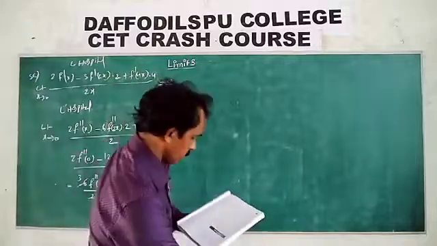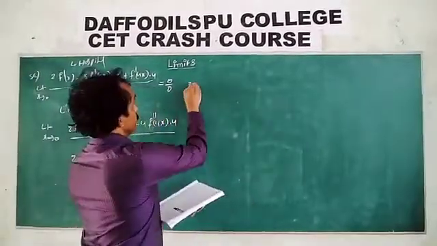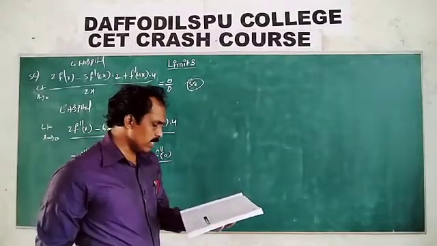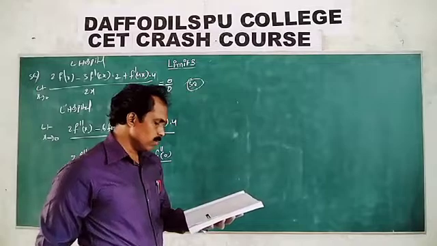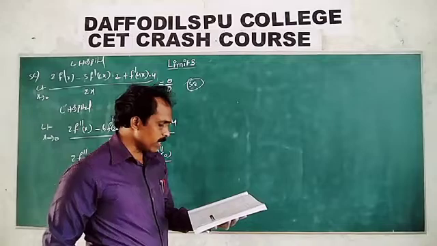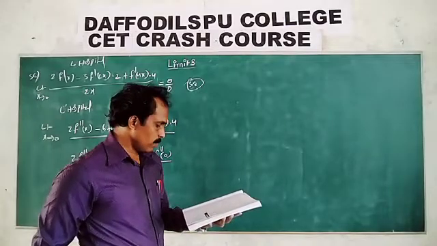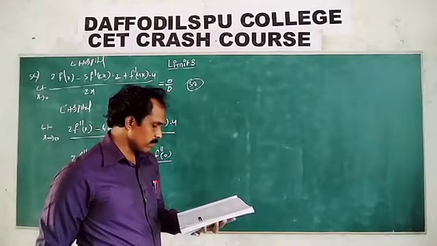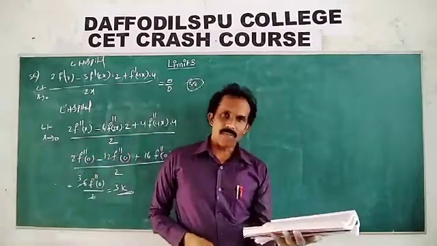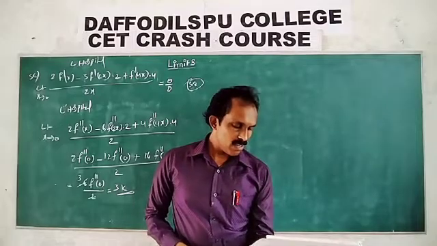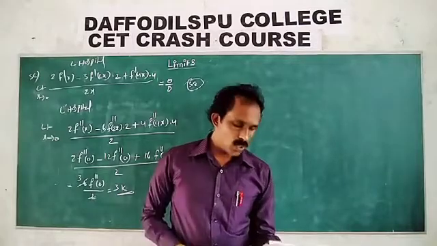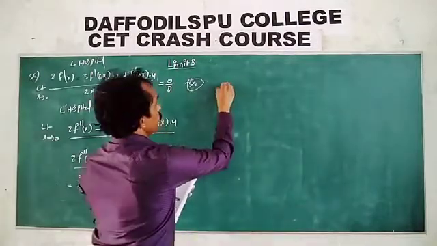Okay, right. 38. f of 1 is equal to 3 and f dash 1 is equal to 6. Apply L'Hospital rule for this also. Suppose you directly substitute, what happens? 1 plus 0, f of 1 by f of 1. How much, students? f of 1 by f of 1 is 1, so 1 to the power of infinity.